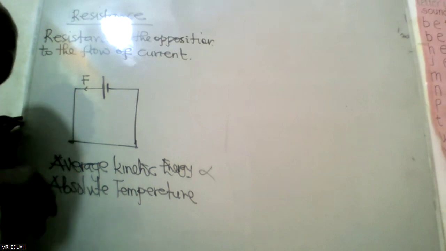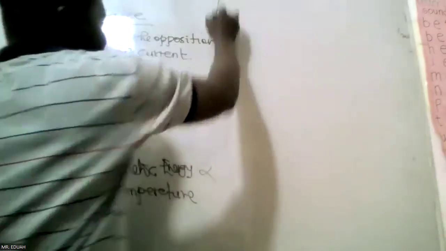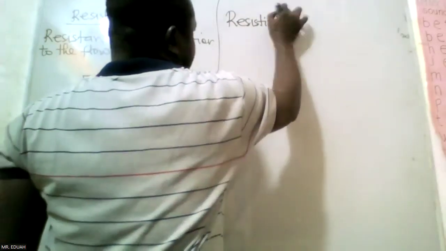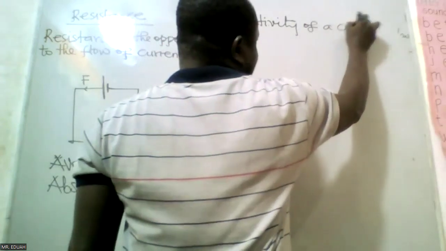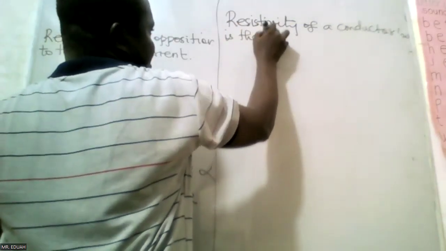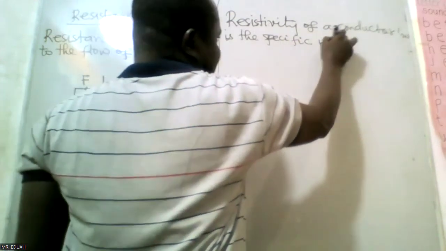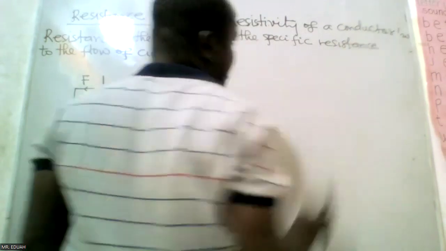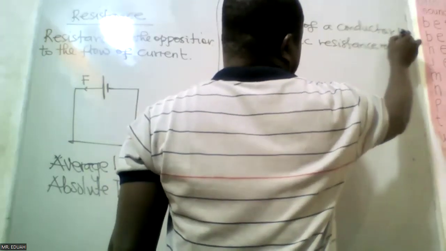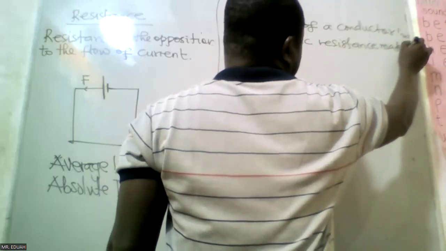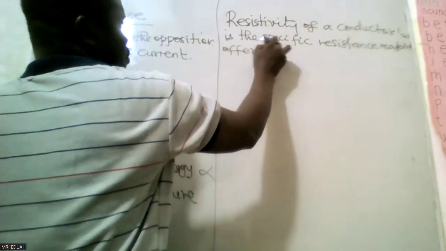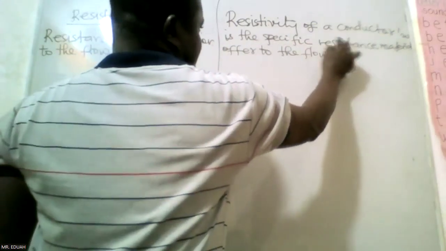So the resistivity of a conductor is the specific resistance materials offer, and here we are talking about metallic conductors, to the flow of current.